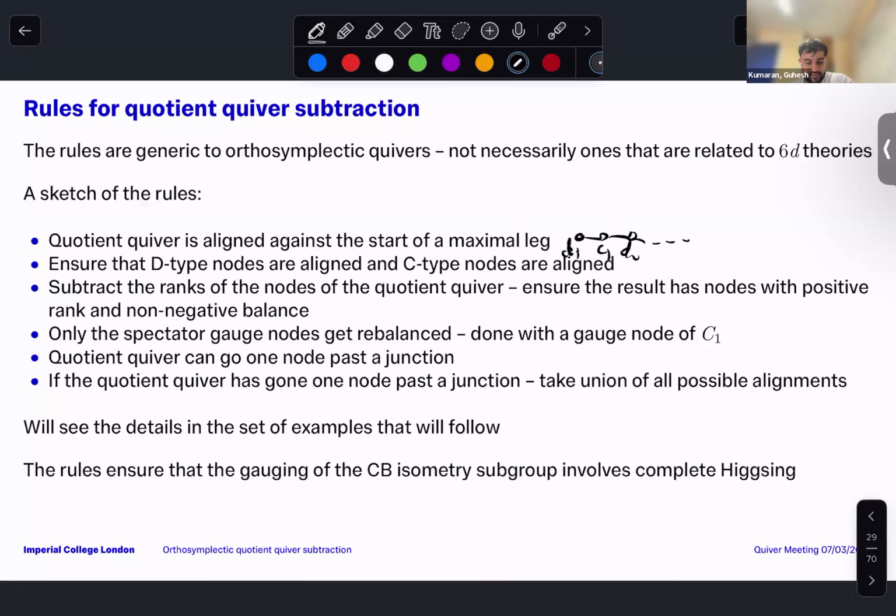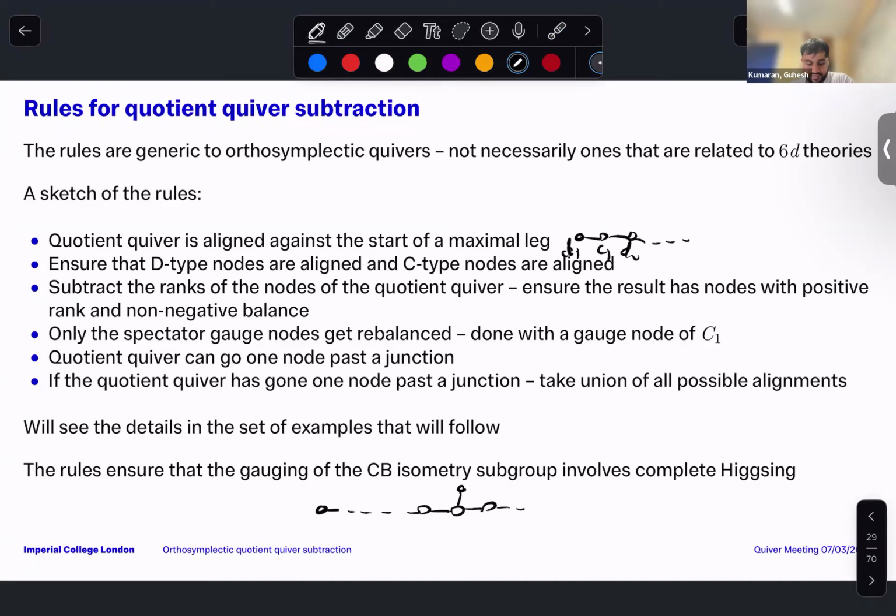One interesting feature of quotient quiver subtraction, which we saw even with the unitary case, was that you can find unions of cones. So this happens when the quotient quiver is just long enough that you go past a junction, for example.